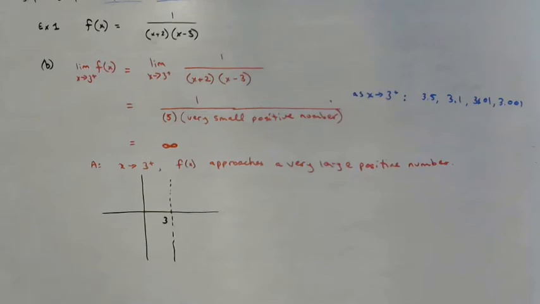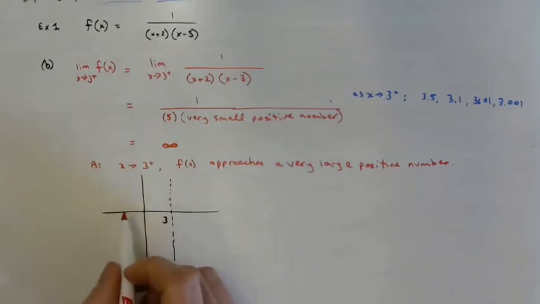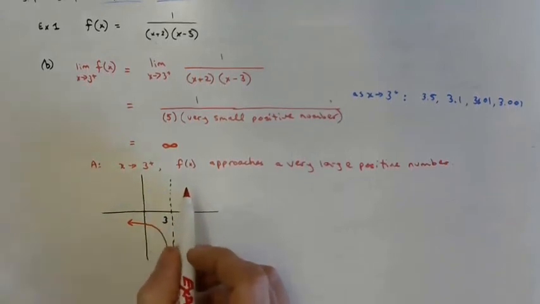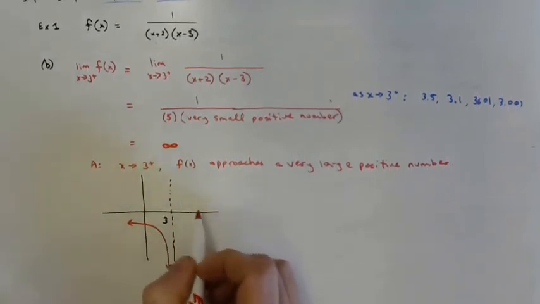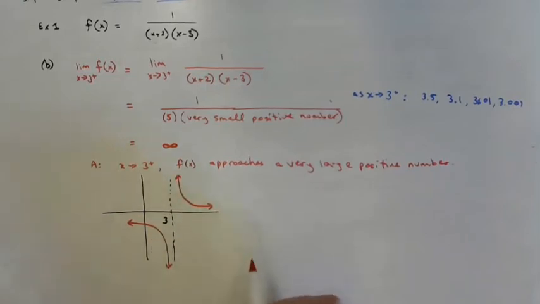And that is, as x approaches 3 from the left, we said that we're heading down to negative infinity. So then that tail looks like this. And as x approaches 3 from the right, we decided that we were heading to a very large positive number, positive infinity. So this tells us the behavior at the asymptote at x equals 3.